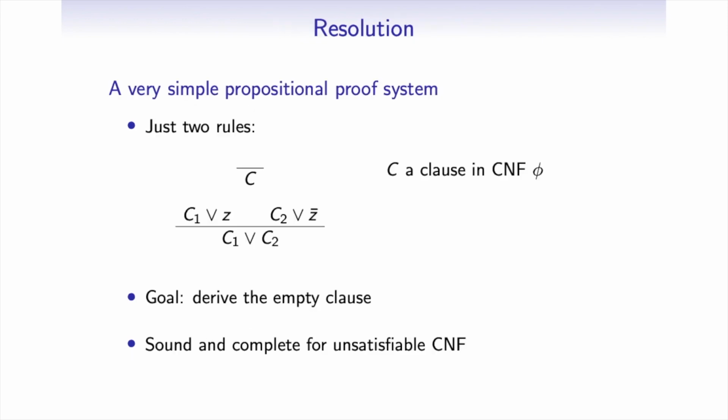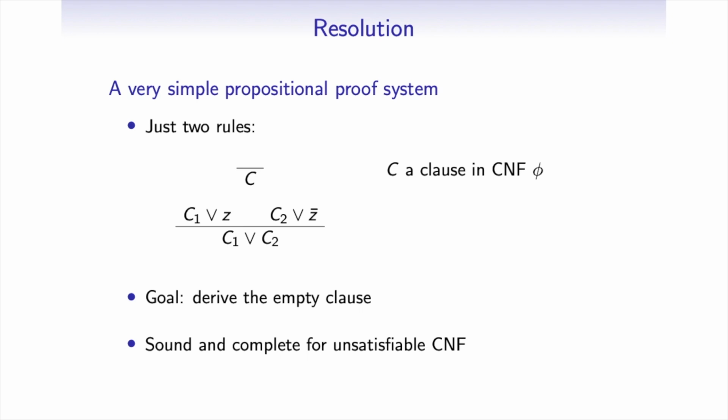Now, what's interesting is that this CDCL is closely related to this proof system called resolution. So what's resolution? It's a proof system which operates on CNFs. It's very, very simple. It's just got two rules. So you can introduce a clause from the CNF, and you can make a resolution step over two clauses you've already derived.